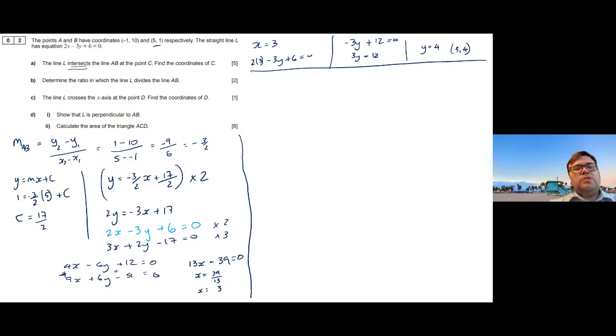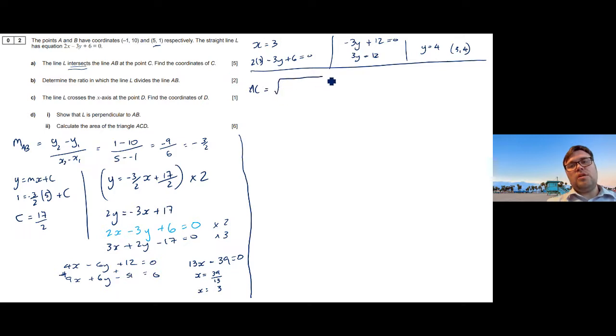So what you can do, if you can visualize this, you've got the line AB and you've got C somewhere along that line. So what you could do is work out the lengths of the line. So I would work out AC, where A is at the top there, minus 1, 10.